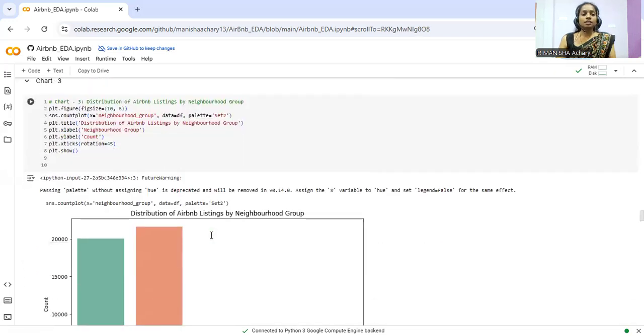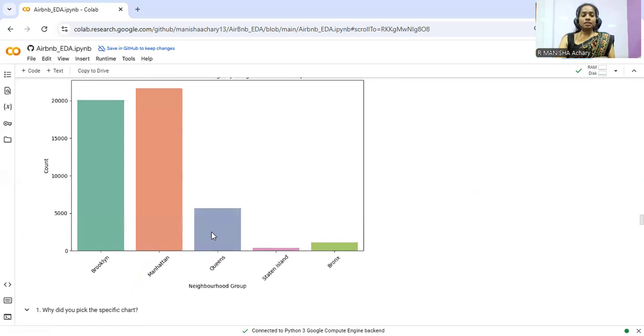And next is the distribution of Airbnb listings by neighborhood group. For the x-axis I have used neighborhood group, obviously, and for the y-axis I have used count.